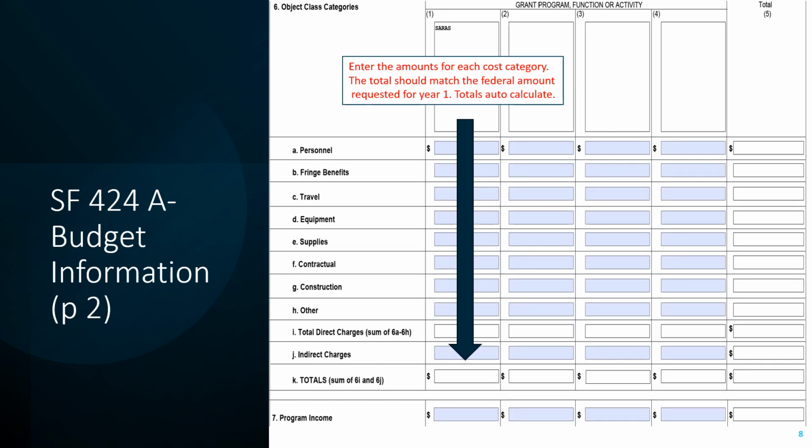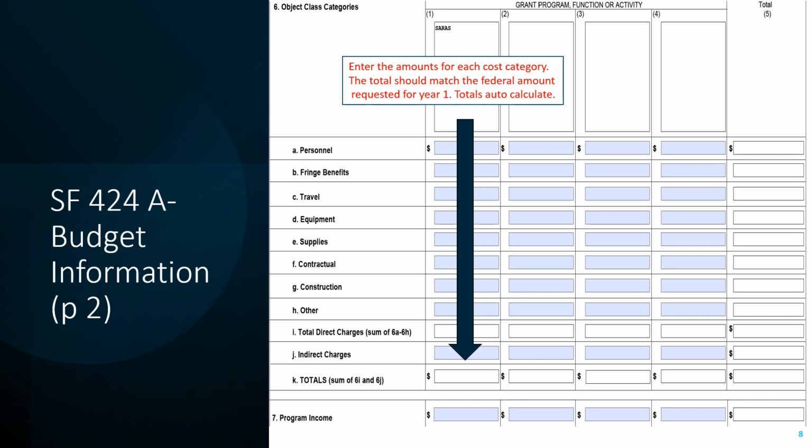Moving on to page 2 of the budget, you are only going to concentrate on the first column that we've pre-populated with the acronym SARAS, because that is the grant that you're applying for. You will enter the cost in each cost category that you're seeking federal funding for.